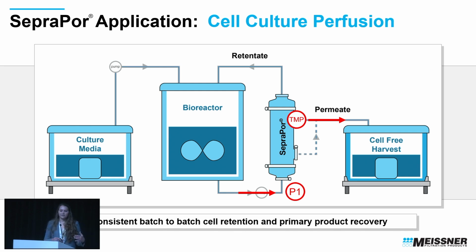As a membrane fouls, it becomes more difficult for the solution to filter through and to maintain a consistent permeate flow rate. That's why when you're tracking the transmembrane pressure, you will see an increase in that pressure over your perfusion run if your membrane is fouling.